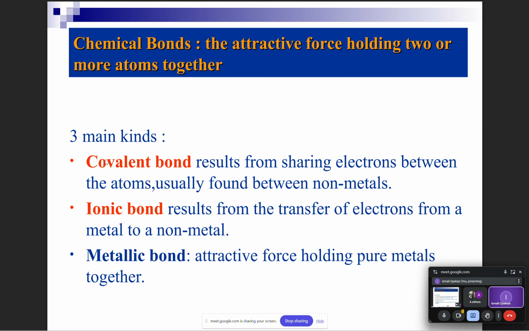That is a covalent bond. Hydrogen combining with chlorine to form hydrogen chloride gas, which in solution forms hydrochloric acid, is also a covalent bond that holds those atoms together.